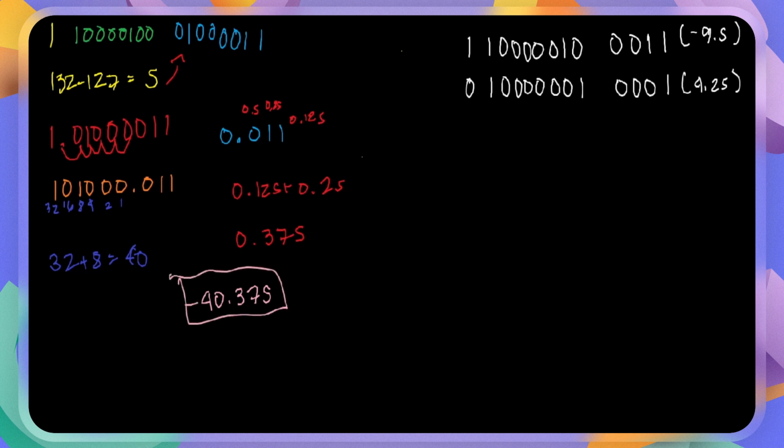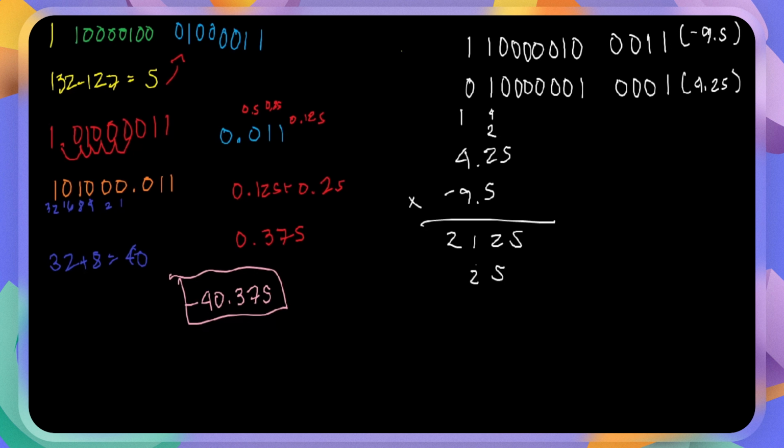That's our answer there. And then, if you want, we can double check our checking. So that's going to be negative 9.5 times 4.25. So 4.25 times negative 9.5. So that's 25 there. That's 12. That's 21. Then that's 45.